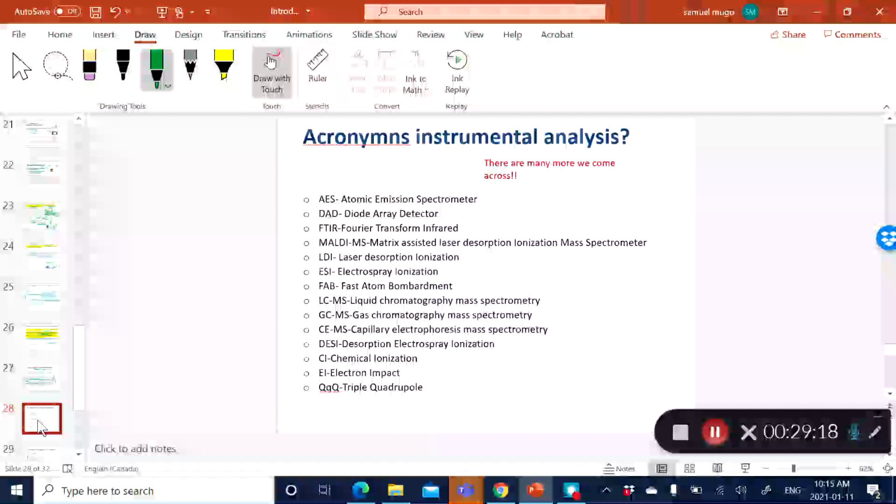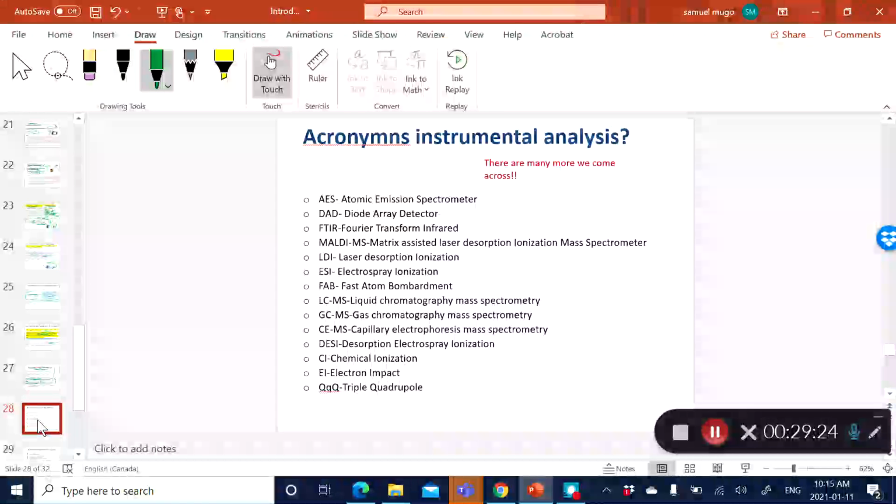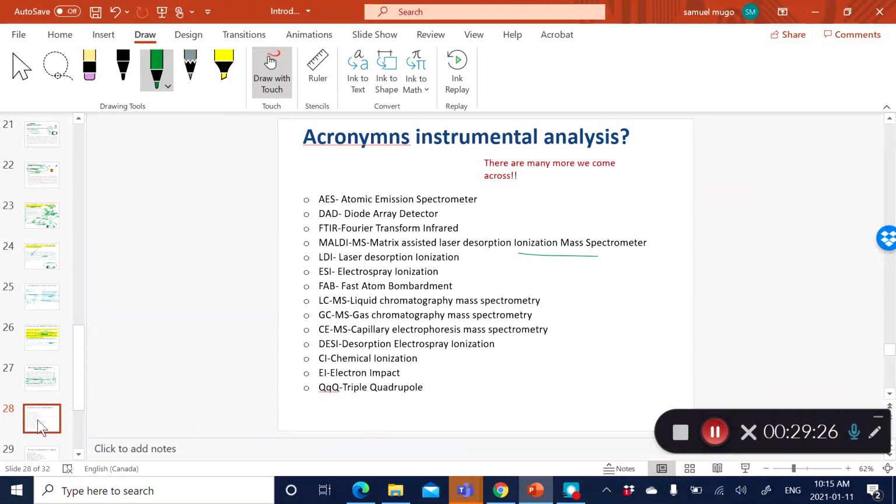FTIR, I think most of us know about this, is Fourier transform infrared, a very common instrumentation. MALDI-MS, this was my favorite when I was doing my PhD, that's what I focused on, which stands for matrix-assisted laser desorption ionization mass spectrometer. LDI, I think you would know that.